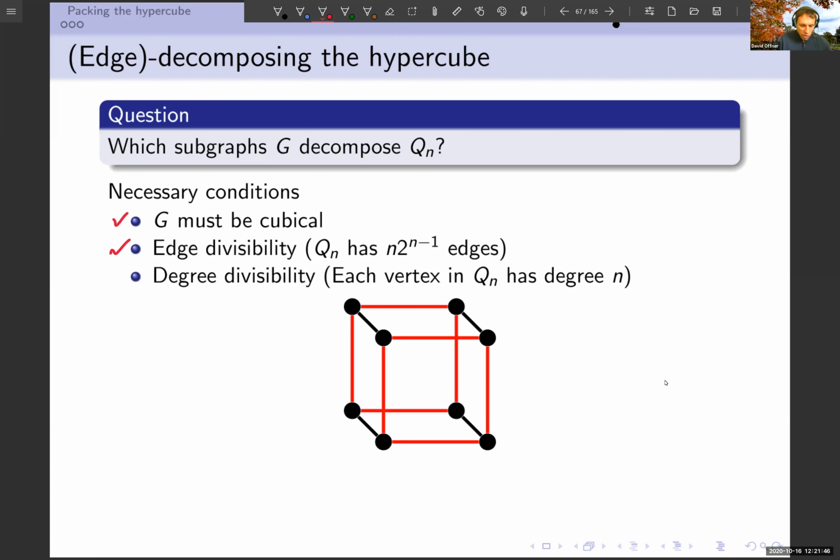Then there's a third condition that I call degree divisibility. Qn is an n-regular graph, so each vertex has degree n. The degrees of my subgraph have to be compatible with that. It's a GCD condition: the GCD of the degrees of my subgraph has to divide n.